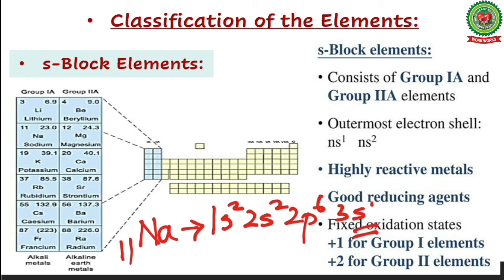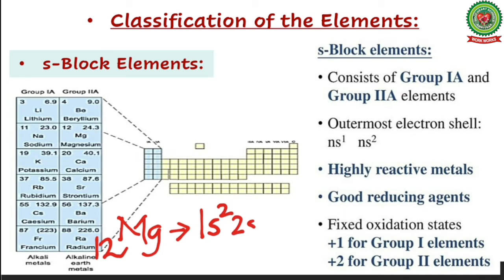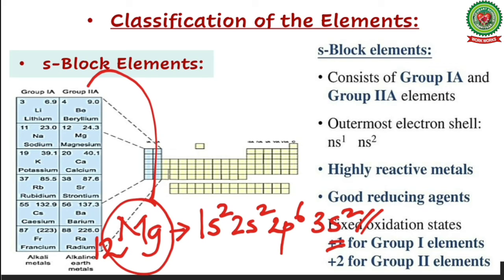Therefore sodium belongs to S block, that is group number 1 of the periodic table, because it consists of only one electron. Similarly, if we consider magnesium having atomic number 12, the electronic configuration is 1s2, 2s2, 2p6, 3s2. Since two electrons are entering in the s orbital, magnesium belongs to group 2A of the periodic table.